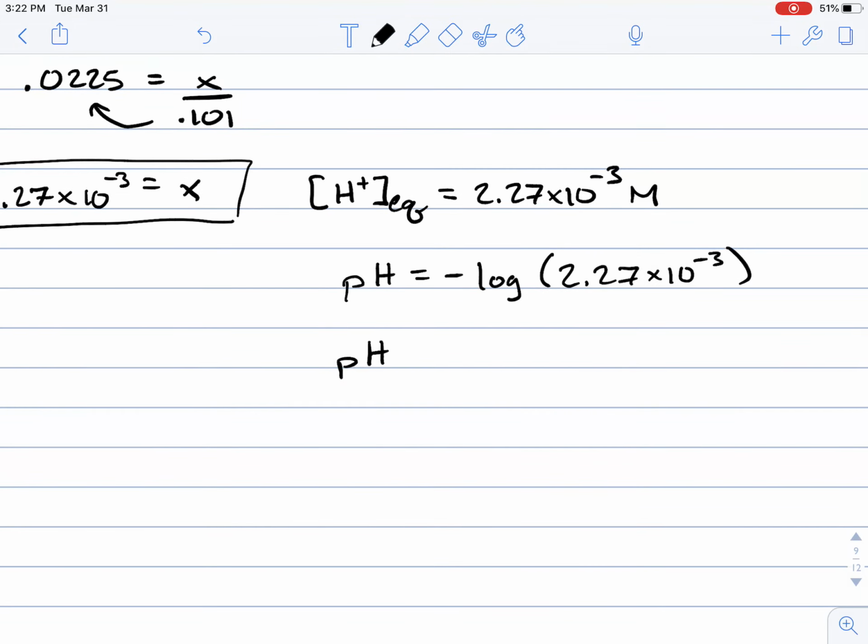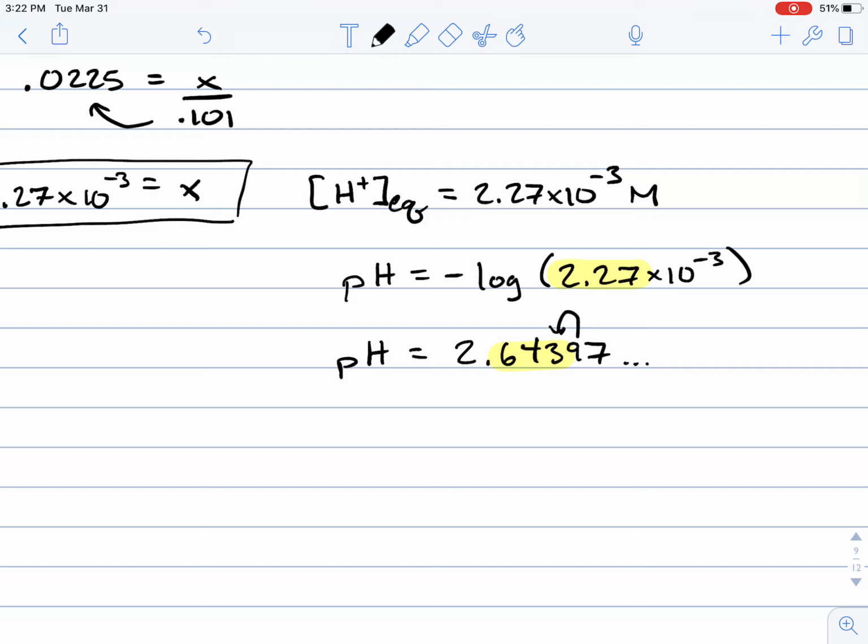If you take the negative log of that answer, that's going to give you 2.64397, a whole bunch of other numbers. In regards to sig figs, there are 3 sig figs in this value, so when we take the negative log of it, we need to keep 3 places after the decimal.